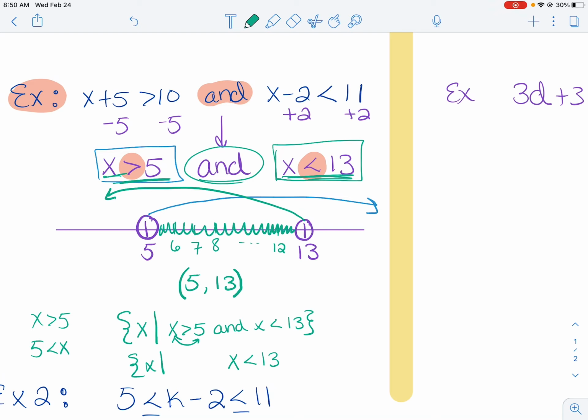And so that is what I would put on the other side of the x value there. So this is the best way to represent that, or interval notation, depending on what they're asking for. This is certainly okay, but it's not the cleanest, all right? So that's one possibility for an and inequality when we actually see the word and, all right?